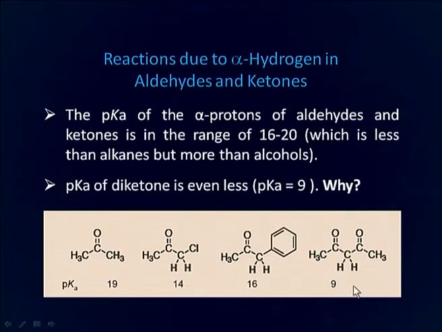As you can see, this is a diketone and its pKa value is 9, which is quite low compared to a normal aldehyde or ketone. The reason is the presence of two carbonyl groups with a CH2 group between them. The two hydrogens attached to this carbon are quite acidic in nature.